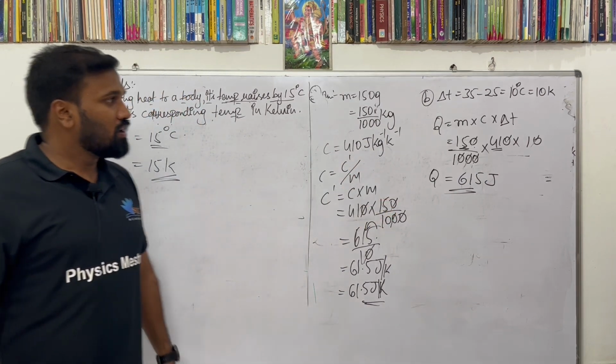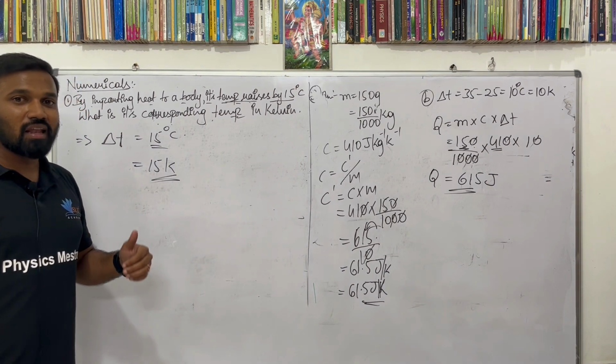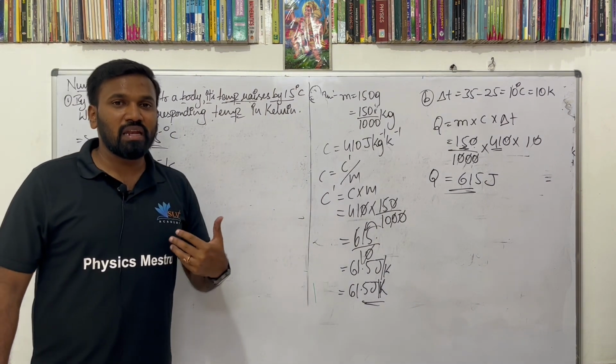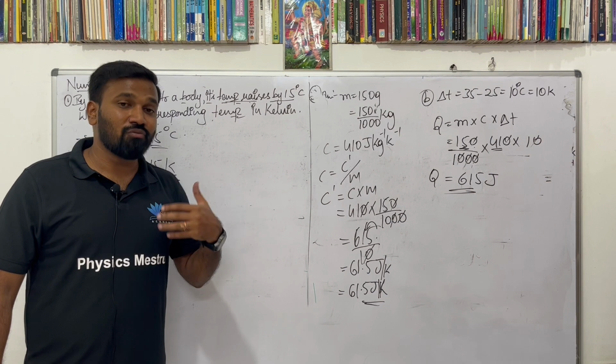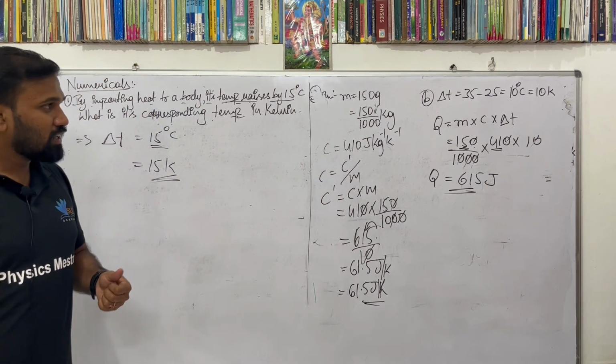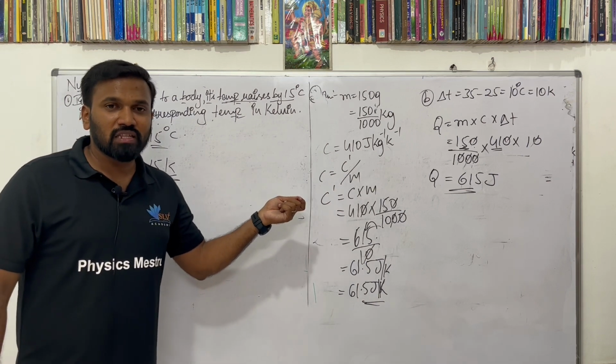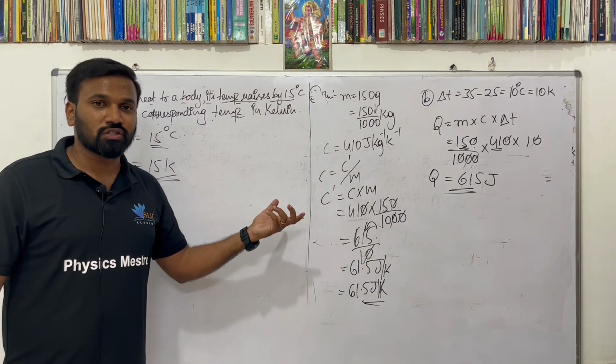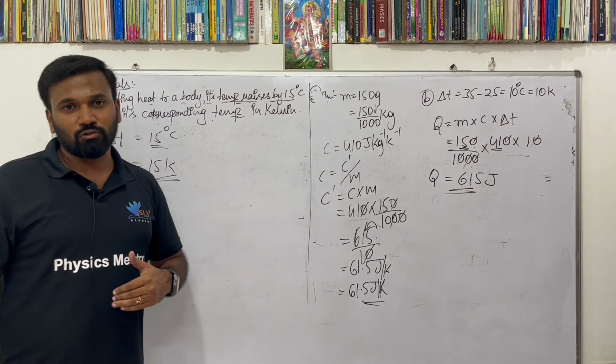Clear? Let's solve the remaining questions which will come for 3 or 4 marks in the coming video. Till then keep on solving these questions and extra questions also. Please refer to the previous year question papers.